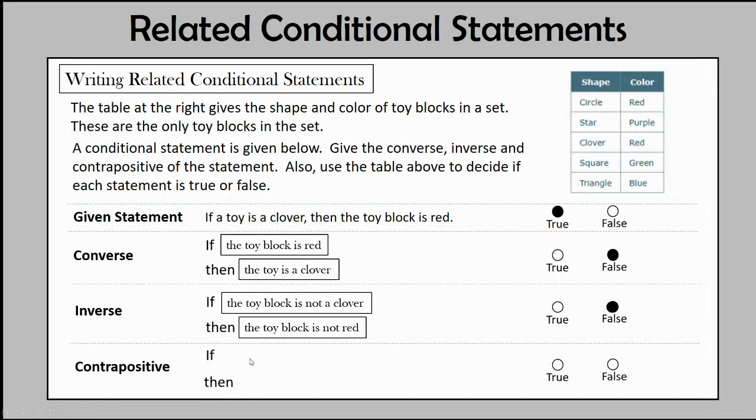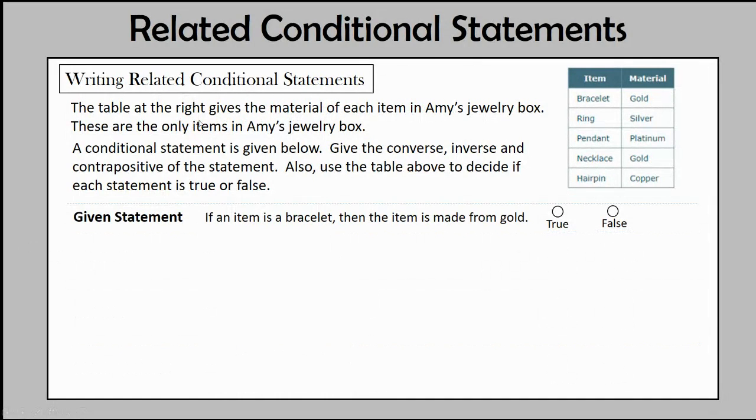And then the contrapositive, okay, we go to the converse and negate them both. If the toy block is not red, then the toy block is not a clover. So if it's not red, that means it's purple, green, or blue, and none of those are clovers. So this is true. So remember, the given statement and the contrapositive have the same truth value. Converse and inverse have the same truth value. Okay. I think I gave you another one here.